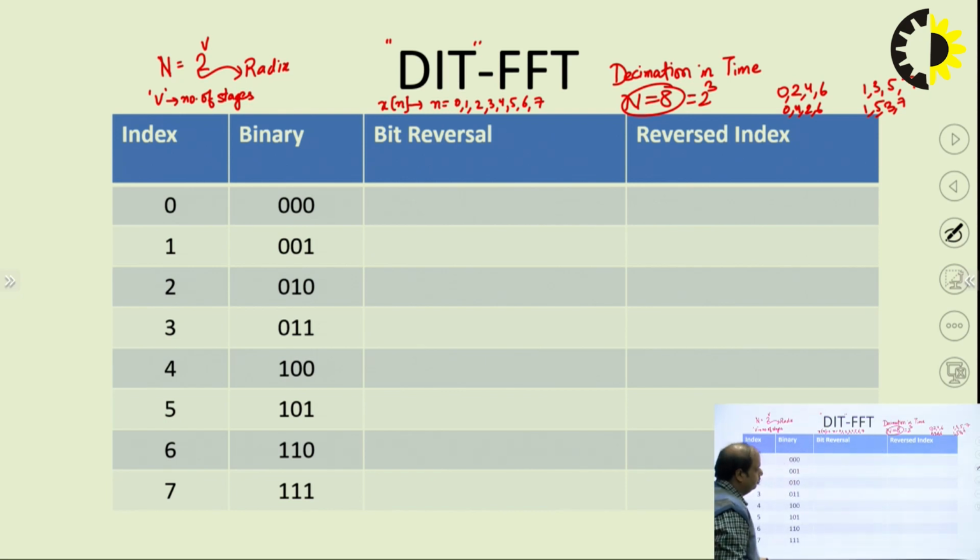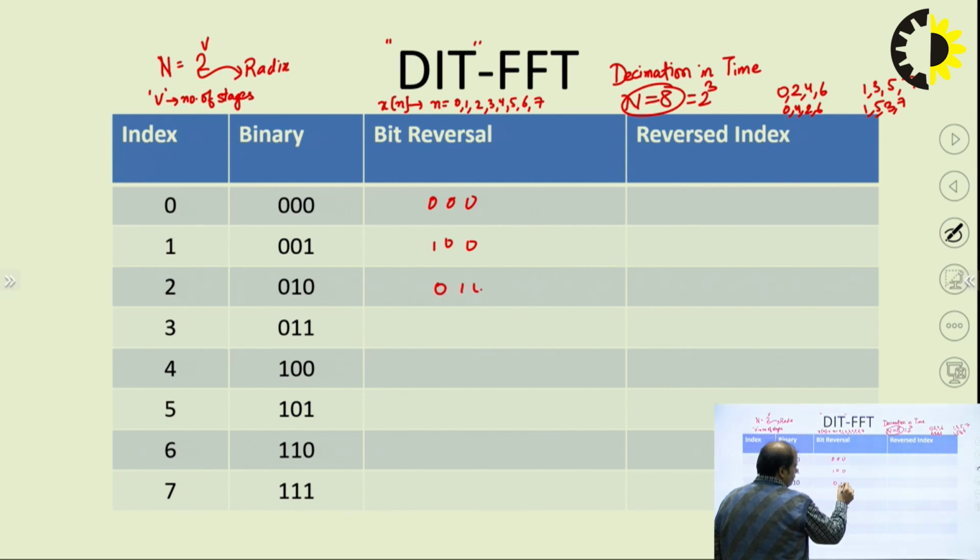The manner in which we compute the decimation in time, DIT, FFT, is also sometimes discussed in terms of the bit reversal that will take place. So for n is equal to 8, the numbers are 0 to 7, represented in binary as 000 to 111. If we perform simple bit reversal here, suppose I write 100 here, the bit reversal does not change 000. This is 110, this is 001, and this is 101, which does not change, and this is 011, and this is 111.